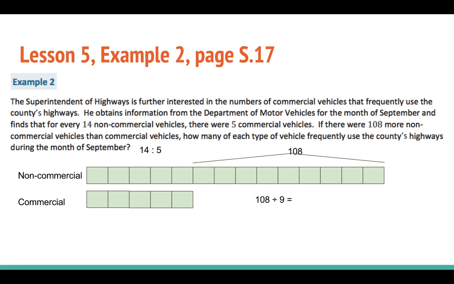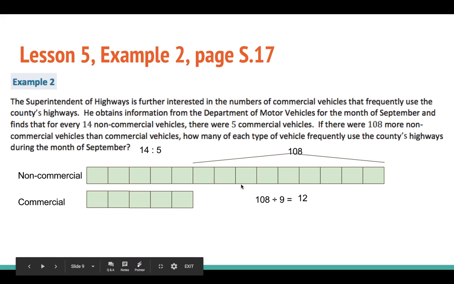To figure that out, I'm going to divide 108 by 9. You can always use a multiplication chart to figure this out. And that tells us each box represents 12 vehicles. So I'm going to put my 12s in there.